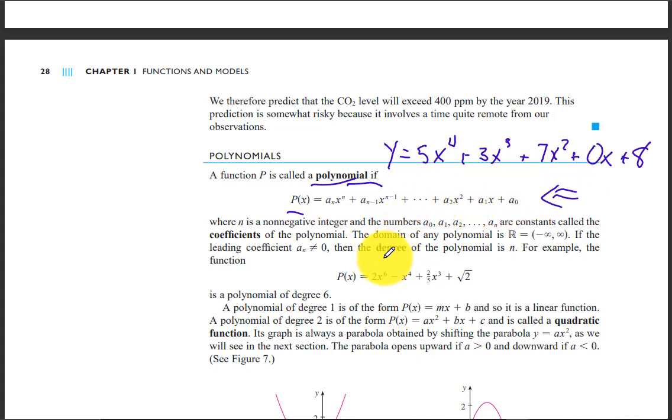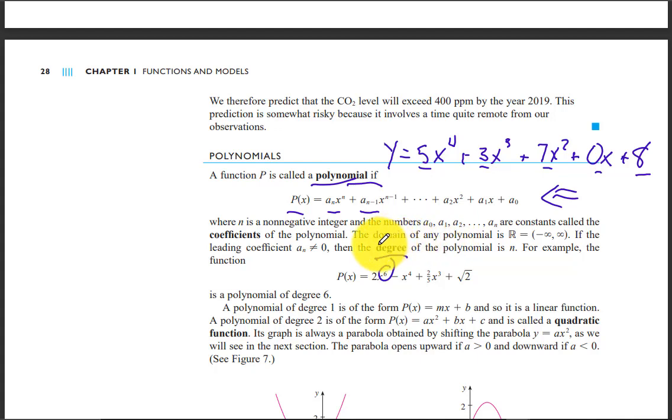So, the degree of the polynomial is the highest power in the polynomial. And these, a_n through a_0, the coefficients here, 5, 3, 7, 0, 8, they're called the coefficients, okay?